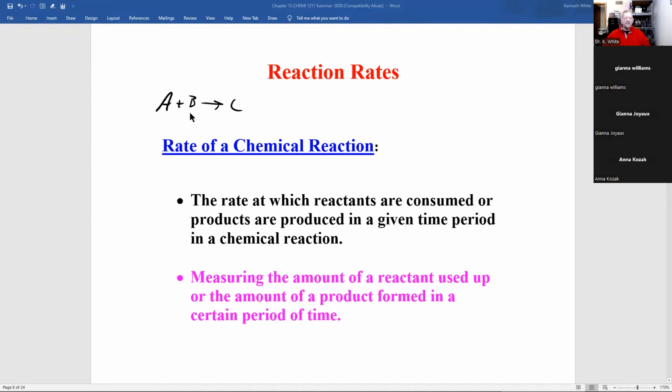Again, when something is used up, is gone, because A and B react to make C, we say A and B are consumed. And you can measure that and say, well, it took 5 hours or 2 seconds for all of A and B to be consumed. And that tells you whether you have a very fast reaction rate or a medium one, or if it took 28 hours, a slow reaction rate.